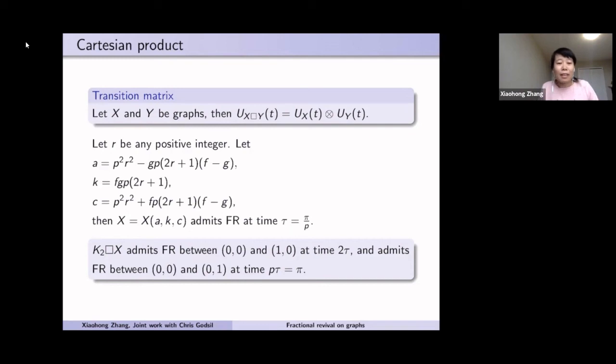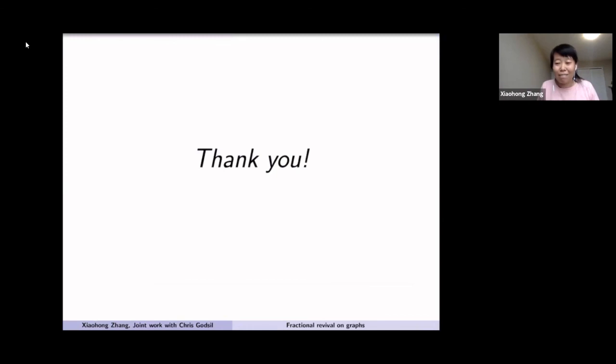So those examples can also be used for the low population case. We are only considering adjacency matrices here. So we have finished the two constructions, and that's all. Thank you.